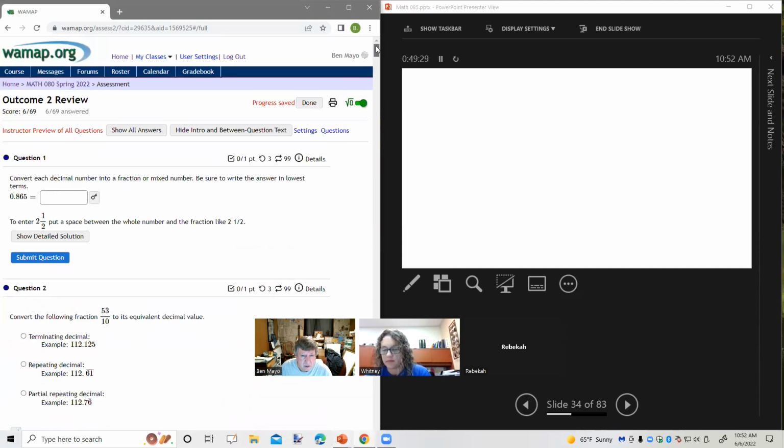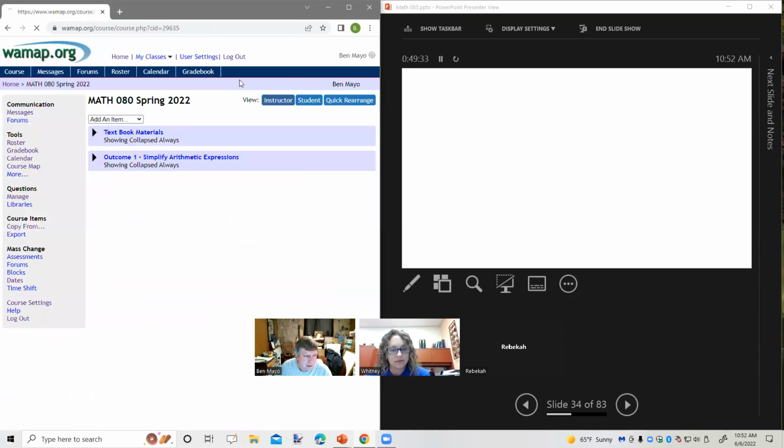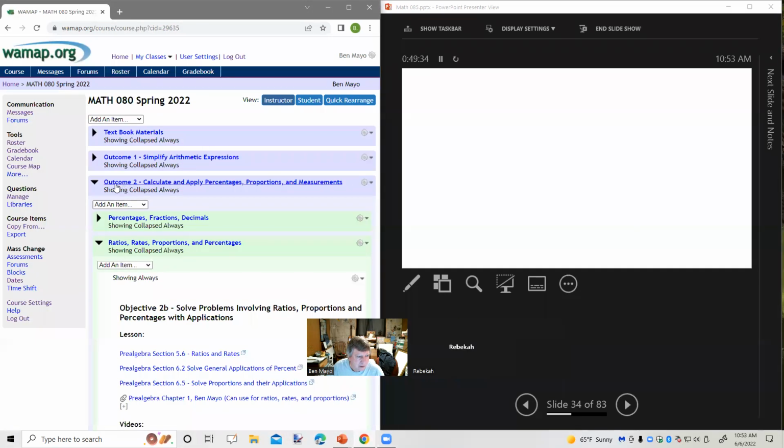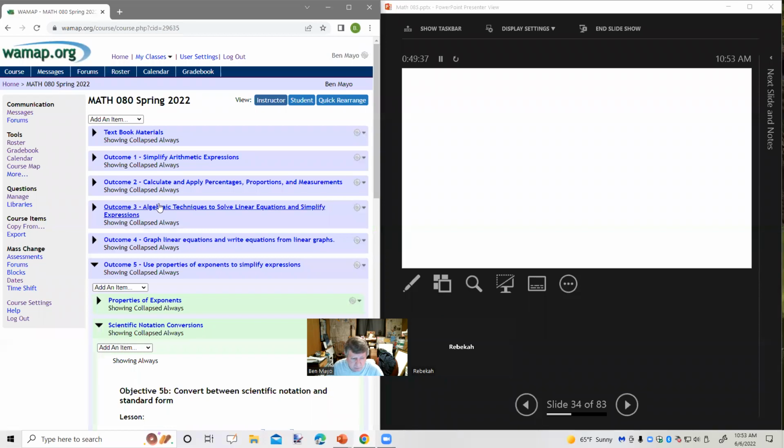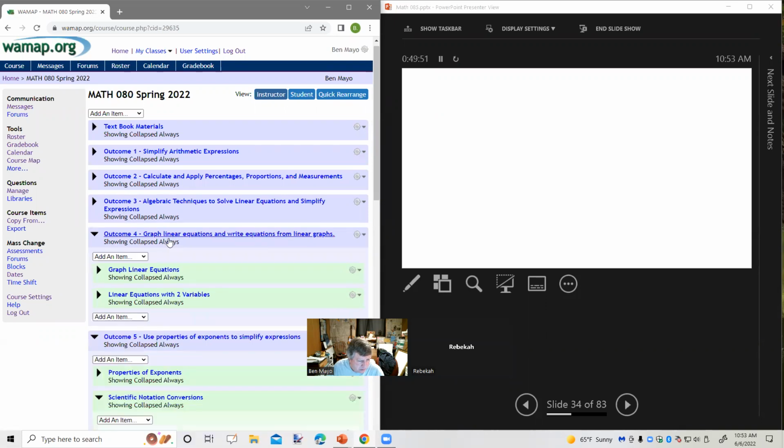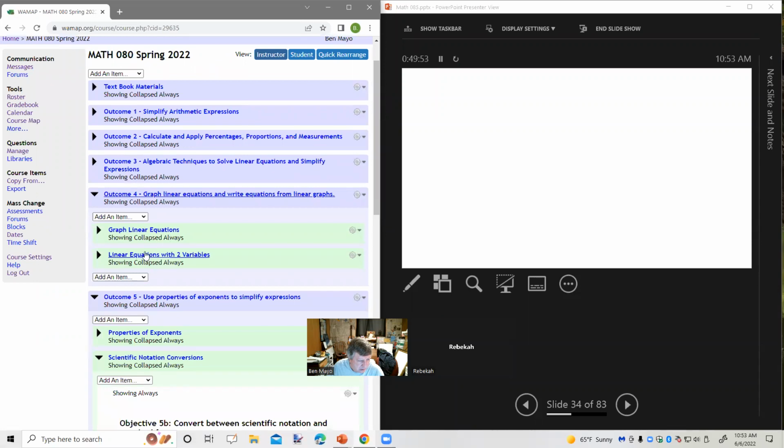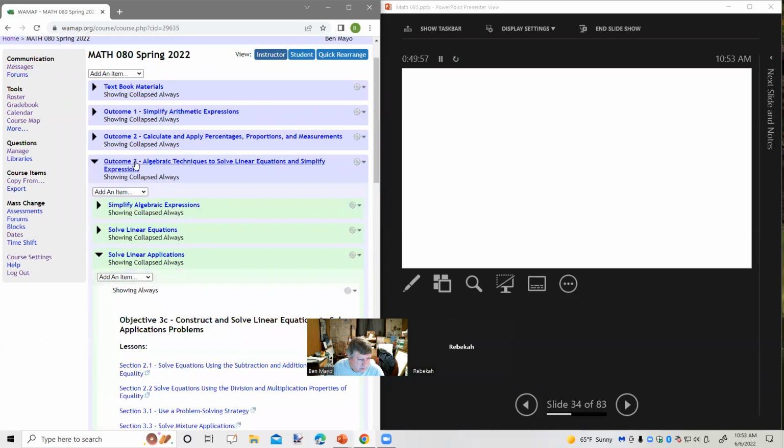I don't know if it's a percent, but it's like the other one we did, the problem with mixing the two different kinds of nuts together. Yeah. Let's see, where was that? Was that outcome 3 or 4? No, it wasn't 4.